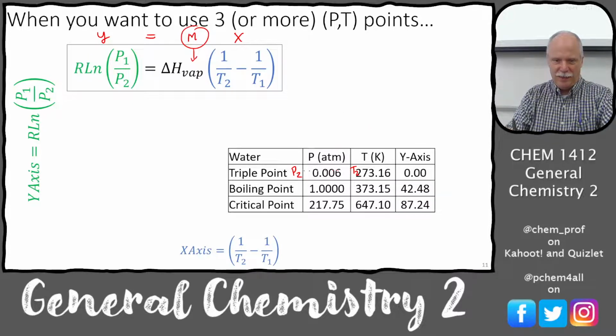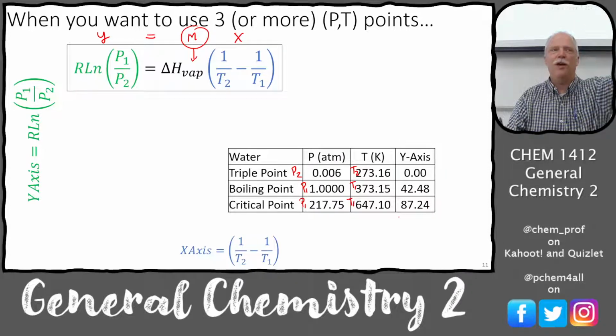So if this is P2 and T2 and P1 and T1, then the y-axis, this is the natural log of 1, which is 0, okay? If this is P1 and T1, then my y-axis value is the natural log of that ratio times R, I get this y-axis value. And the critical point, if this is P1 and T1, I calculate a different y-axis value.